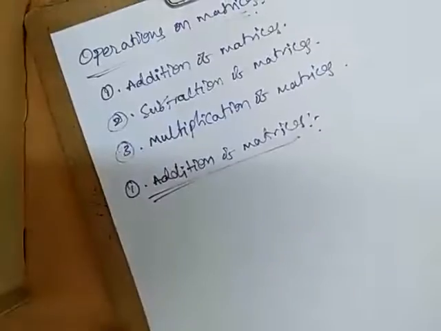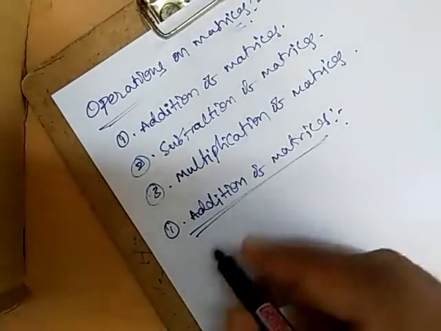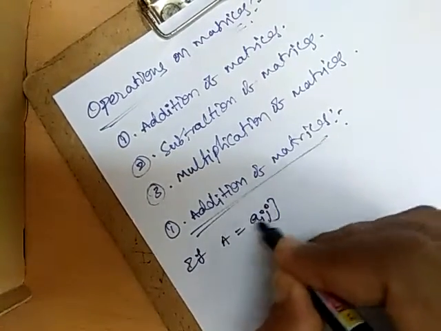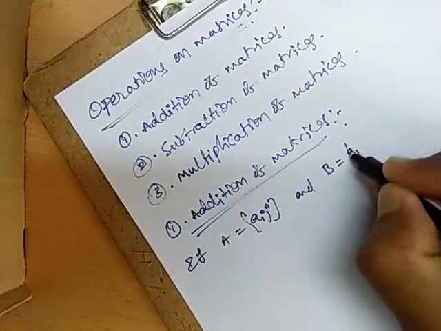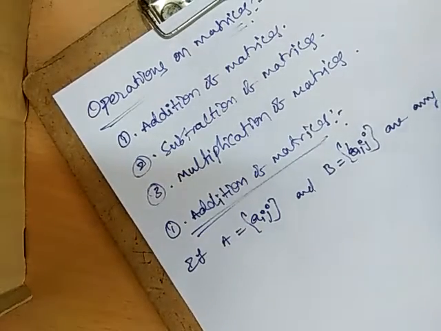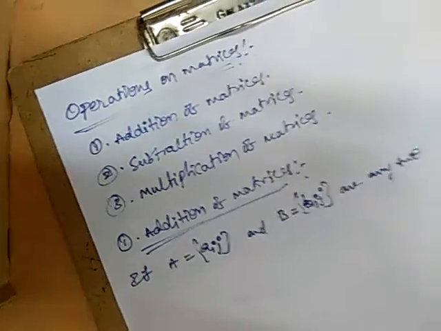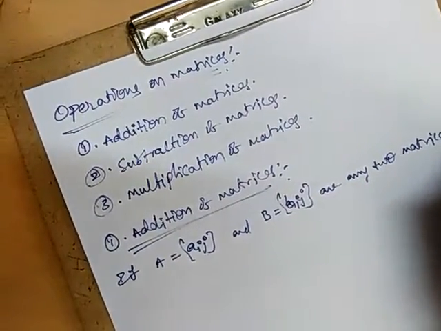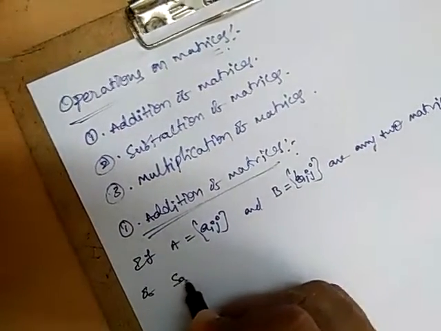Suppose A and B are any two matrices of the same order.